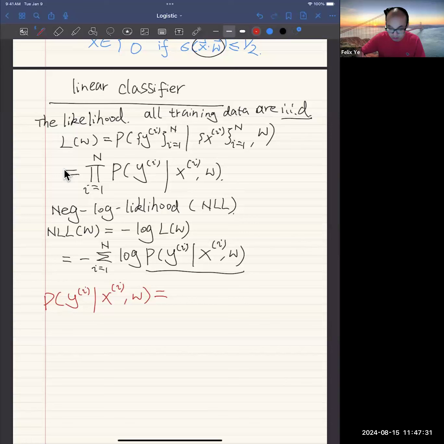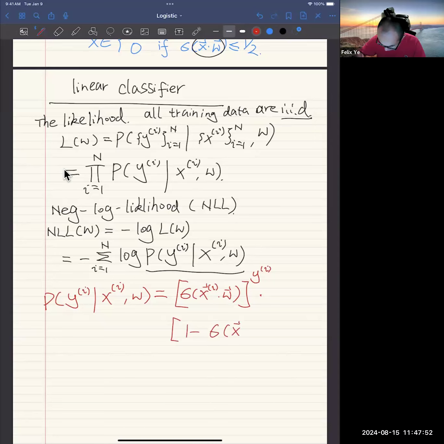So this is actually equal to sigma of x of i w to the power of yi, multiplied by 1 minus sigma of x of i w to the power of 1 minus yi. We can try that out.